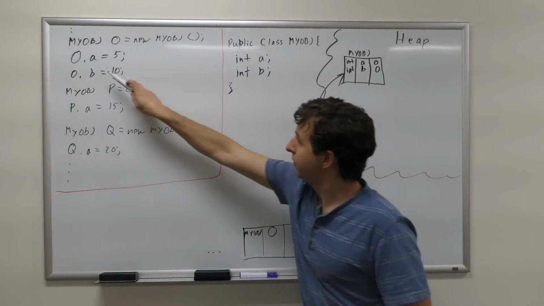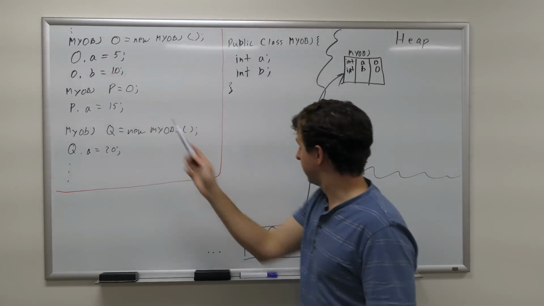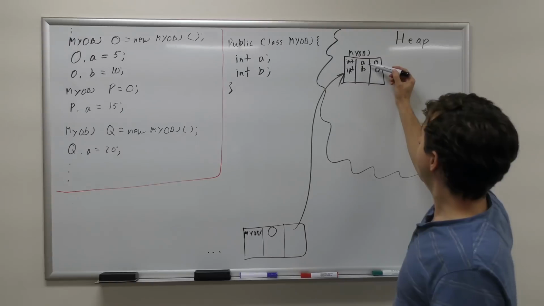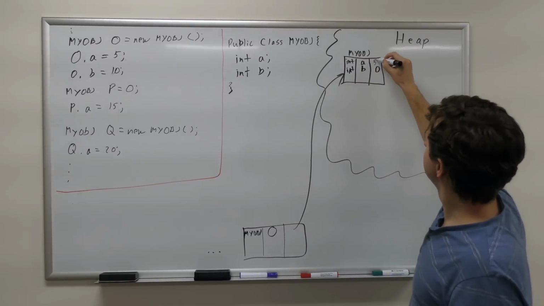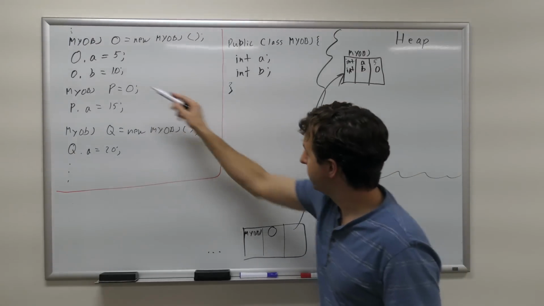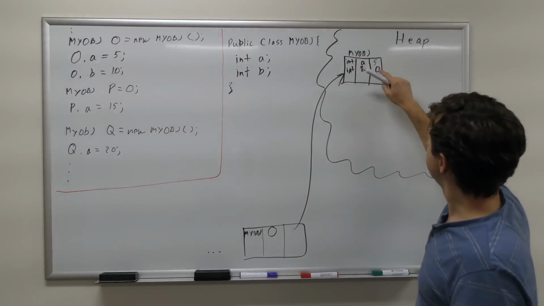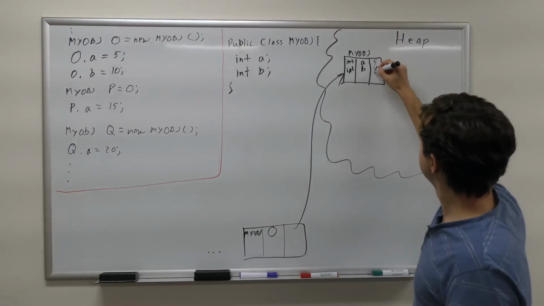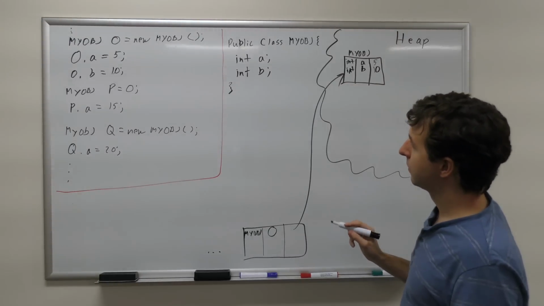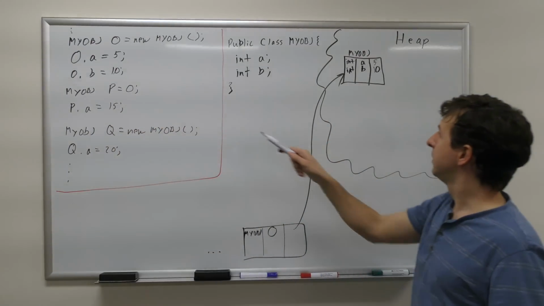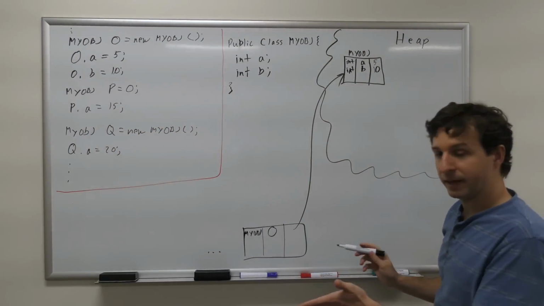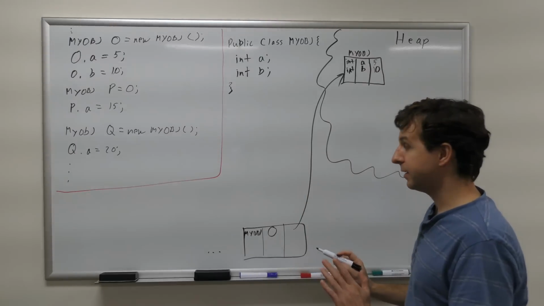Okay, so let's run through this code really quick. o.a is equal to 5. o.b is equal to 10. Okay, now we have MyObject p equals o. This is defining a new variable, but not a new object.